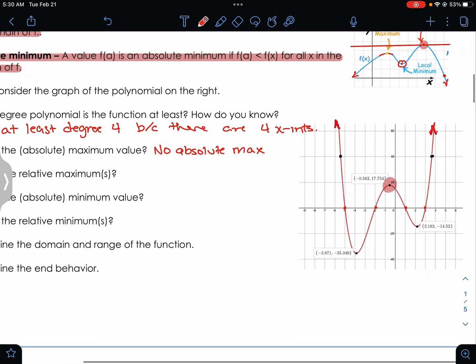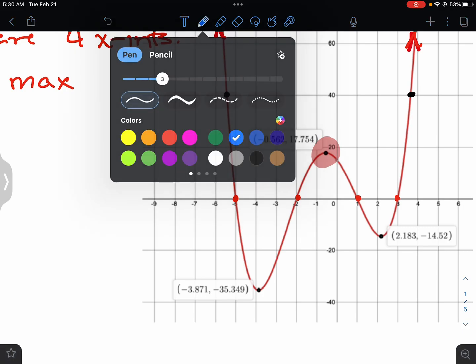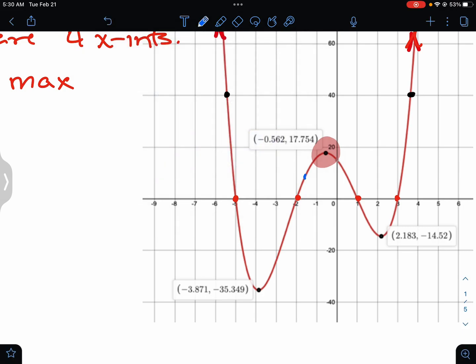What you need to understand here is that there can be relative maximums even if there are not absolute maximums. And so this point right here, at the top of this hill, is a relative maximum. That is because if you look at the y values directly beside that point, it has a higher y value than all of these other points over here.